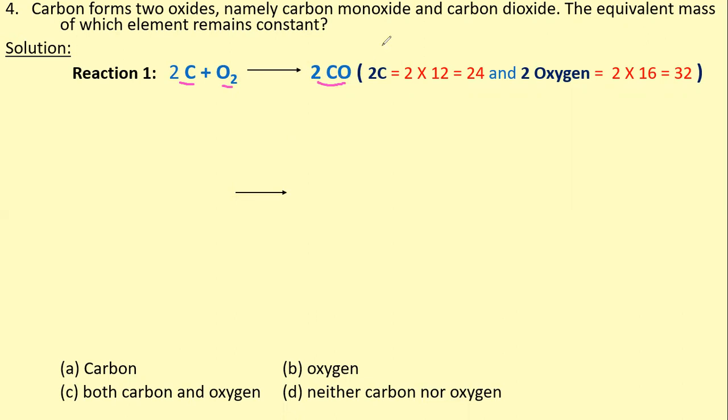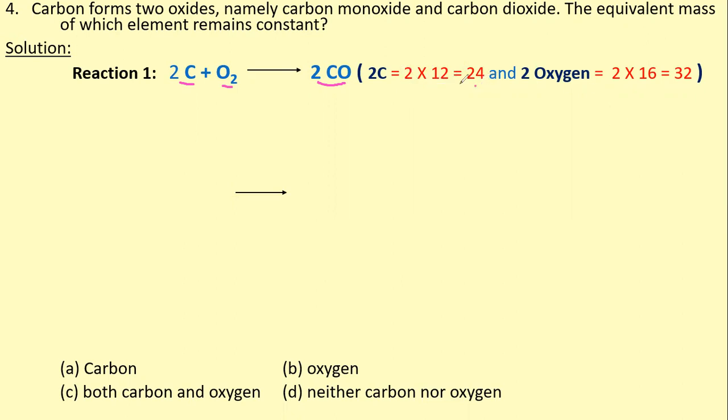Now we have to find their equivalent mass, right? That is the question they asked. So from this equation we can write 2 carbon. In the reactant side 2 carbons are there. We all know the atomic mass of carbon is 12. For 1 carbon it is 12. Here 2 moles are there, so I have written it as 2 into 12, which is 24.